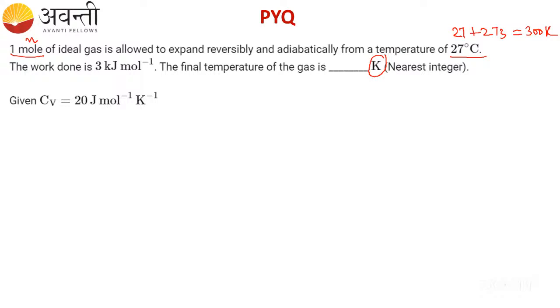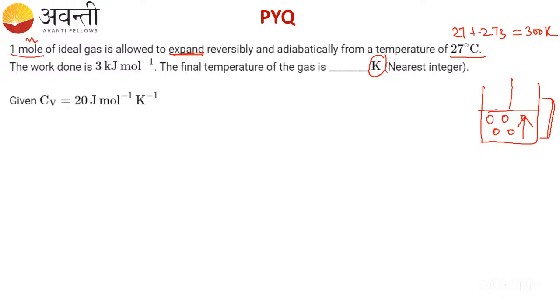And the work is done by the gas, right? Because the gas is allowed to expand. Expand means we have a container, the volume will increase and the system will expand. So the work is done by the gas.